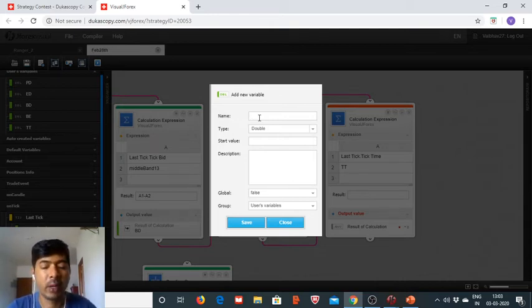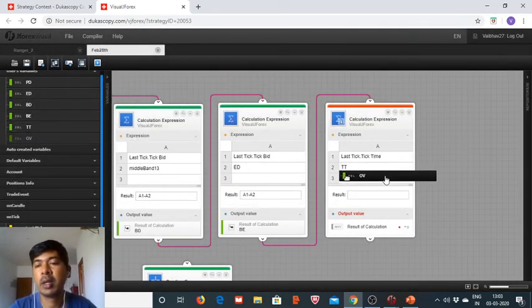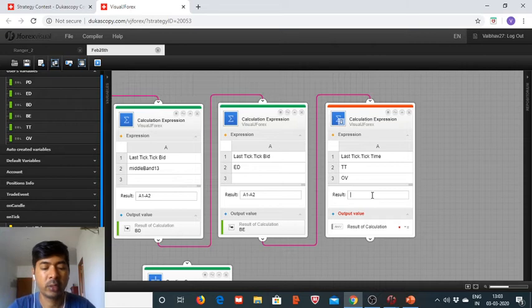So there is order validity time. Let's write it as OV. We will set order validity to 2, that is it. We multiply TT by OV, and then we add it to the last tick time. So here is the calculation: a1 plus a2 into a3.